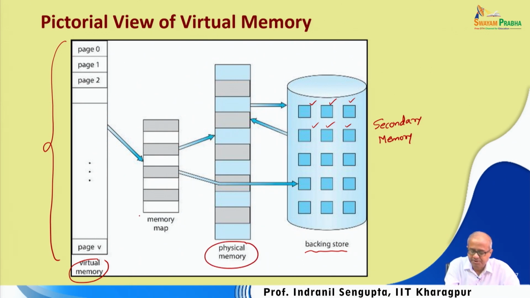Then you have this memory map, which is nothing but what you have seen as the page table. Page table creates a correspondence between the logical address and the physical address, the pages and the page frames. Which page is residing in which page frame? For example, page 0 may be residing here, let us say. This is page 0, this can be page 1 and so on.